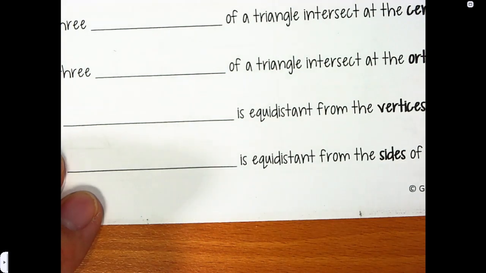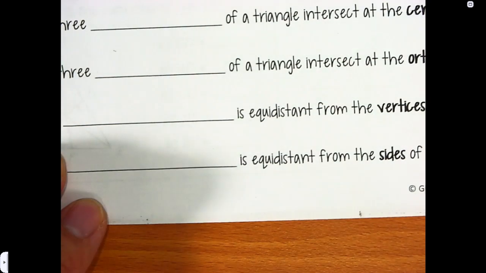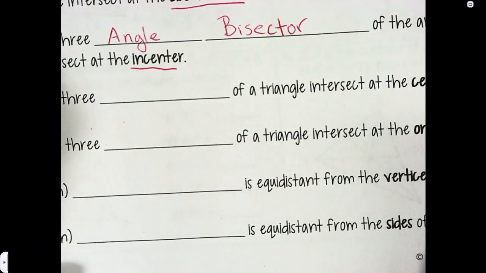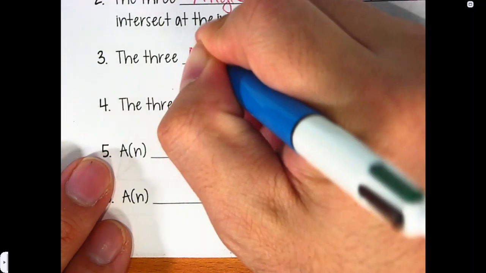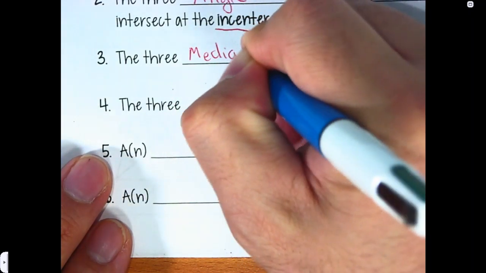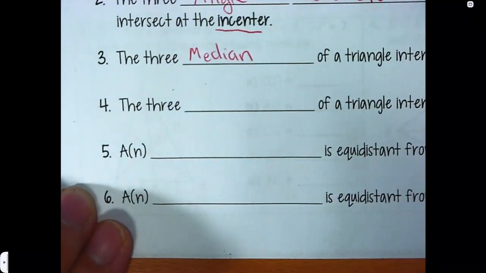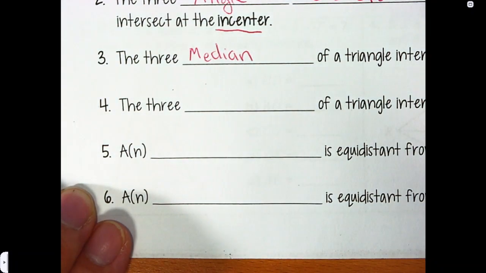Number 3, the 3 medians of a triangle. Sorry, the centroid. We've been talking about that on the previous page. Centroid is where we have the midpoint and the opposite vertex. So the 3 medians, the length from the vertex to the centroid will be congruent.